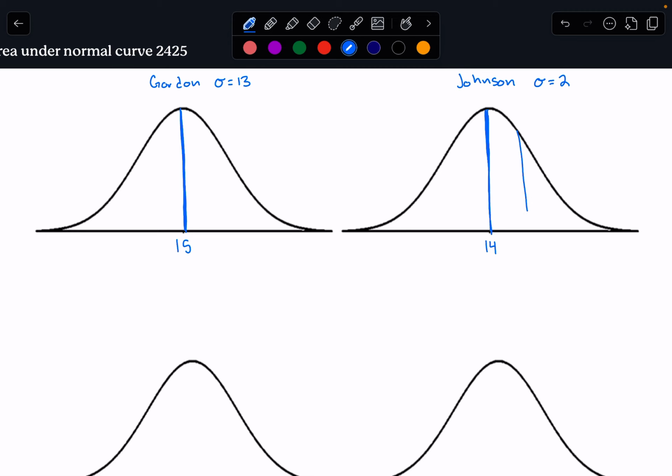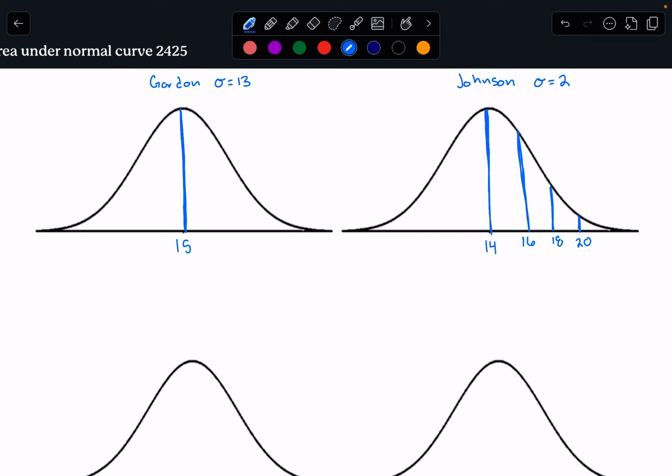So over here to the right, I'm going to put another line and that represents me moving up a standard deviation. So 14 points is in the middle. This represents 16. So I've gone up 1 standard deviation. I'm going to do that again and get 18 points. And then I'm going to do that one more time and get 20 points, okay?